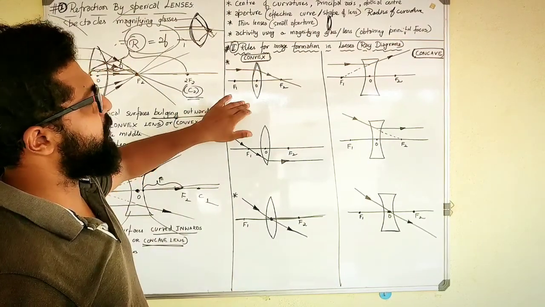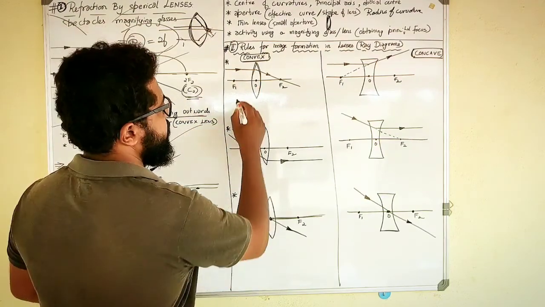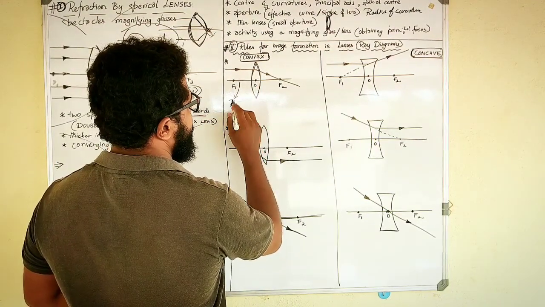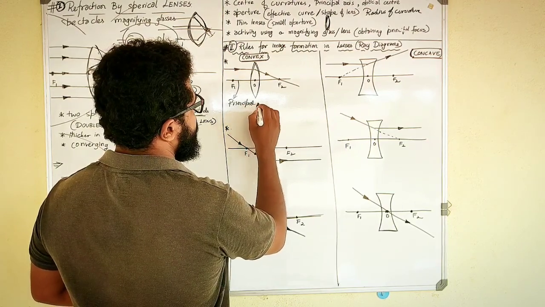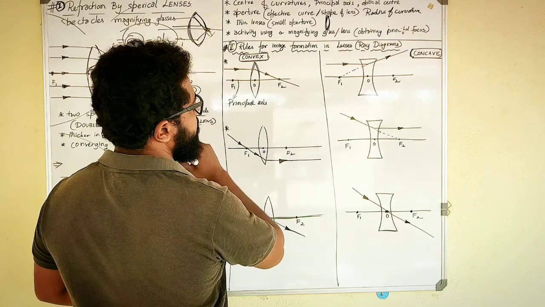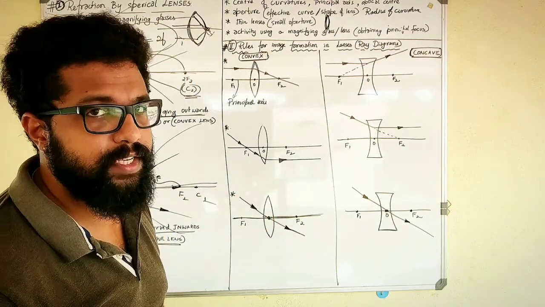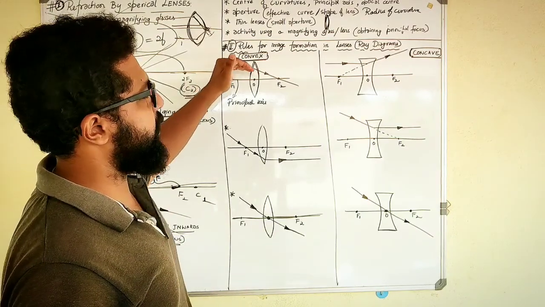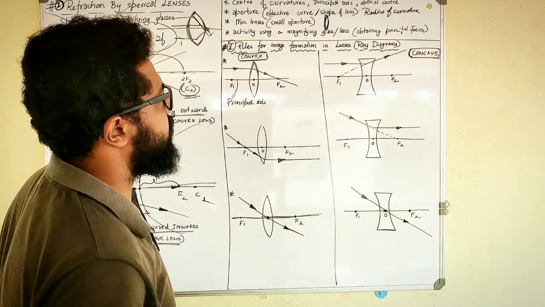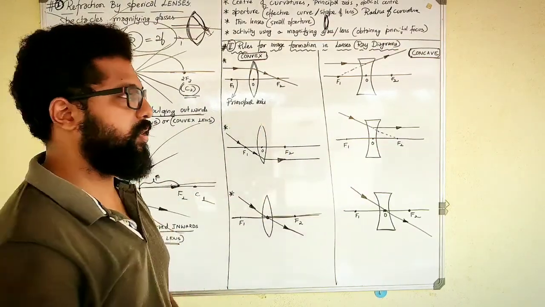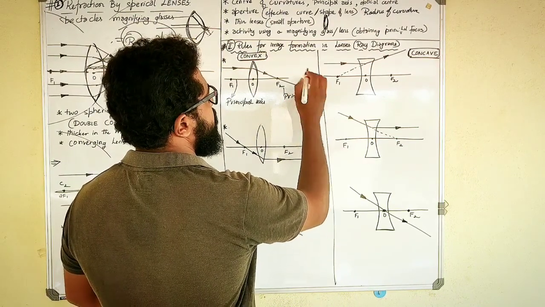In a convex lens, when a light ray travels parallel to the principal axis, which is this line, and undergoes refraction, that is bending, it will meet at one point, and that is nothing but the principal focus, or the focal point.